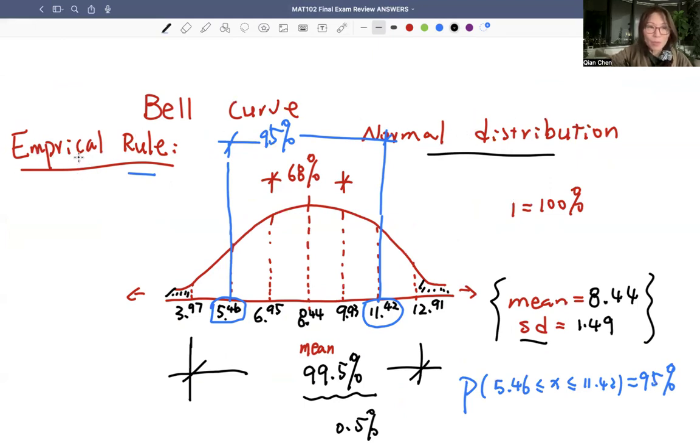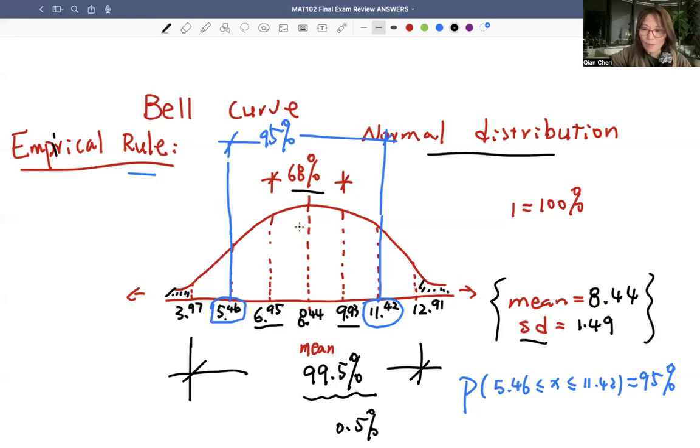The empirical rule is saying this: within one standard deviation apart, the mean sits in the middle of this bell curve. One standard deviation apart means we take the mean, subtract the standard deviation to get this, and add the standard deviation to get this. So one standard deviation apart is 68% of the data.